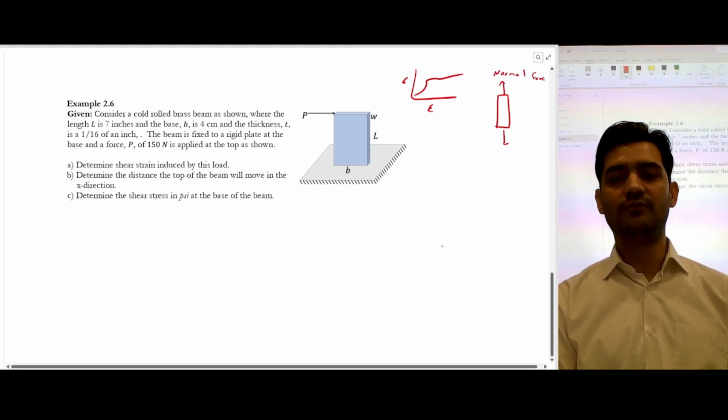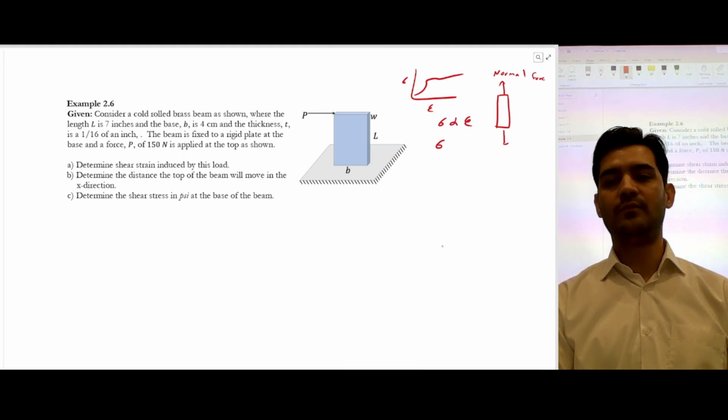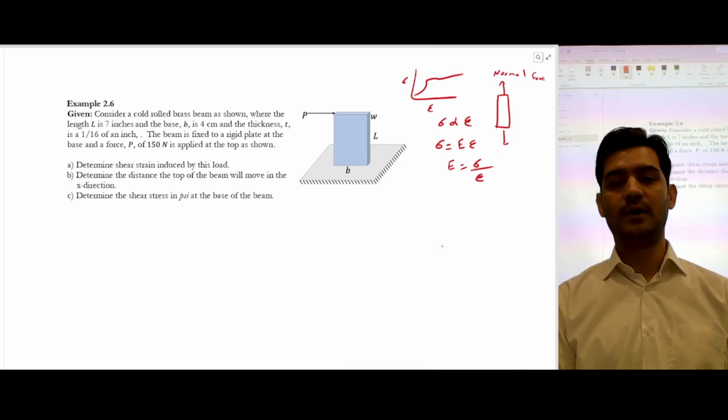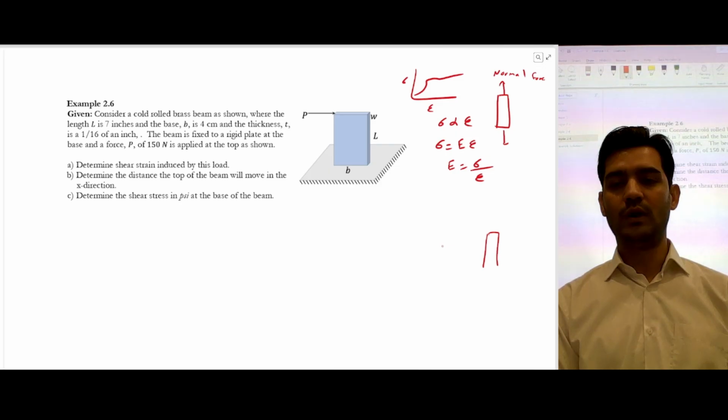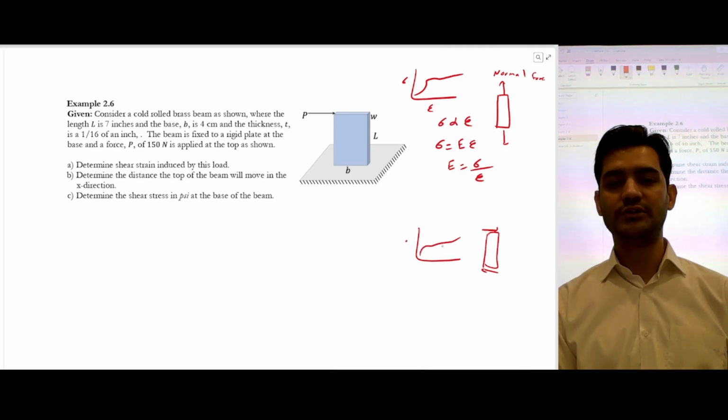So when you have a normal force, stresses are directly proportional to strains, right? And we can remove the proportionality, put a constant. So modulus of elasticity is stress over strain. We already know this. But what happens when instead of normal force, you apply shear force and then you calculate the curve? You will get the curve for shear stress and shear strain.